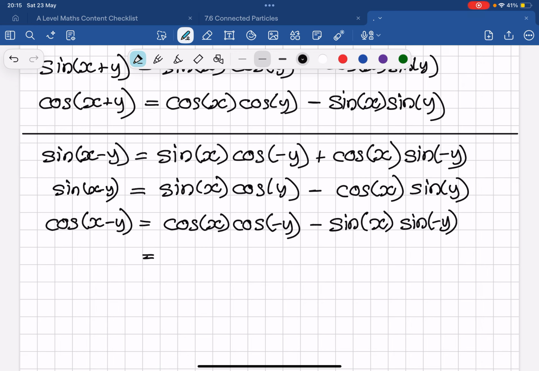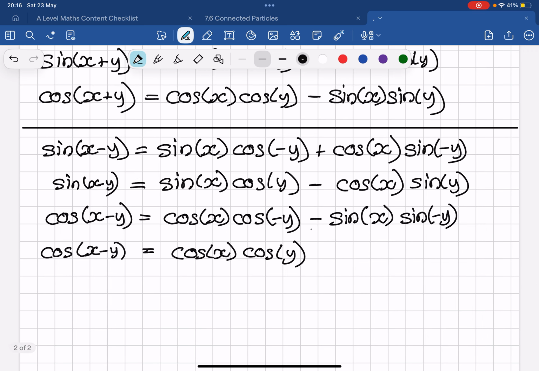So what we said before, that cos of minus y over here is the same as cos y. Cos x cos y minus sine x, sine of minus y is minus sine y. So that this minus here becomes a plus, so sine x sine y, and that's our subtraction formula for cos.